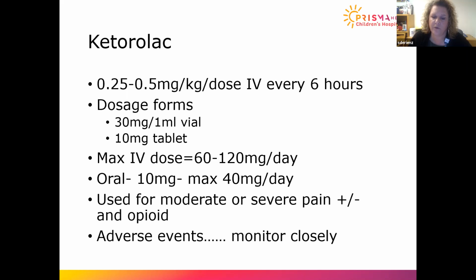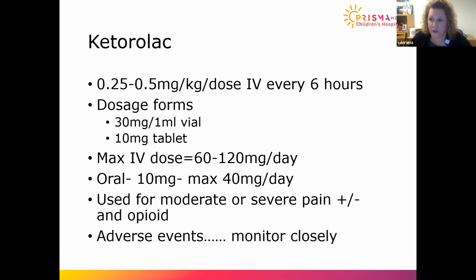We've been trying to evaluate some literature to see, is there a great difference between giving a max of 15 versus a max of 30? There has been some literature that shows that 30 is not better than 15, but we want to look at it too in some of our specific patient populations like sickle cell and see what the literature is. Obviously, we know that there are side effects from ketorolac, so we need to monitor that closely.